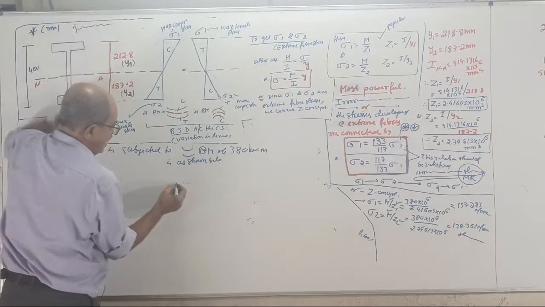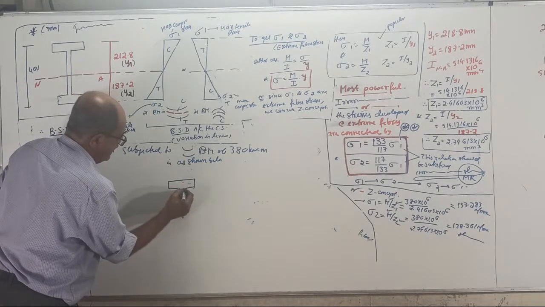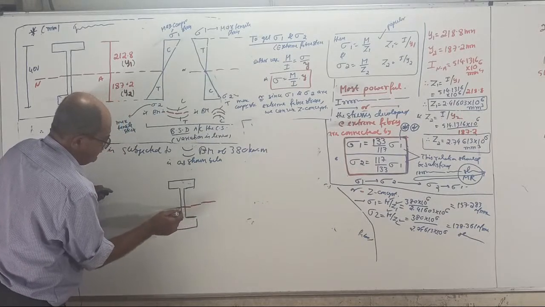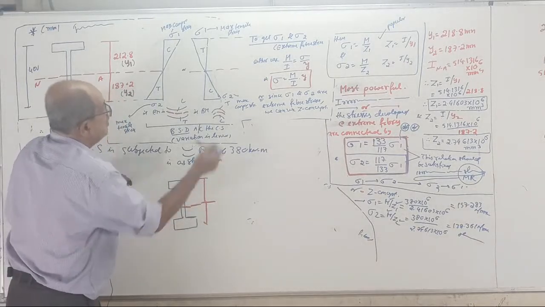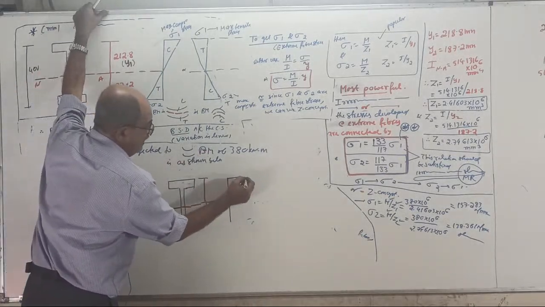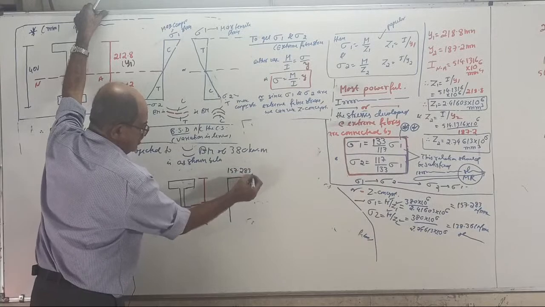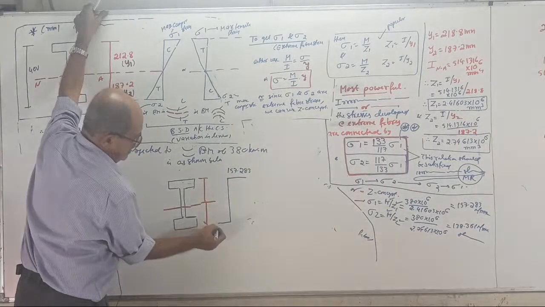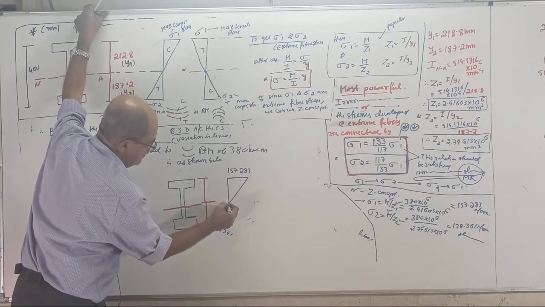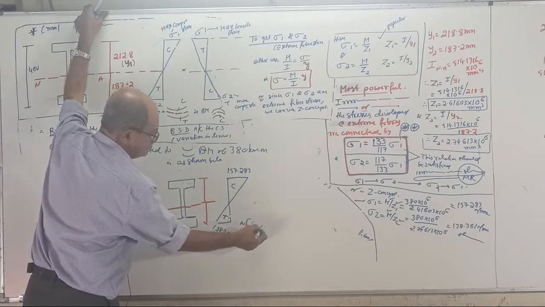Write the cross section here with light lines, systematically. This is the neutral axis. You write the distances, you already know them. The bending moment is sagging, so the top is 157.283 and the bottom is a little lesser, 138.361. This is compression, this is tension. All values are in N/mm².